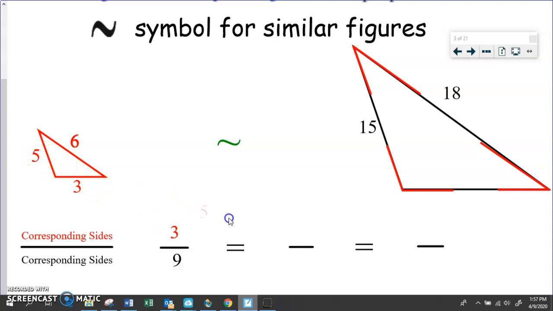And then the next longest side, and the next longest side here. And then the longest side in this one, and the longest side in this one. And all of these ratios will simplify or reduce to 1/3. So all of these are equal.